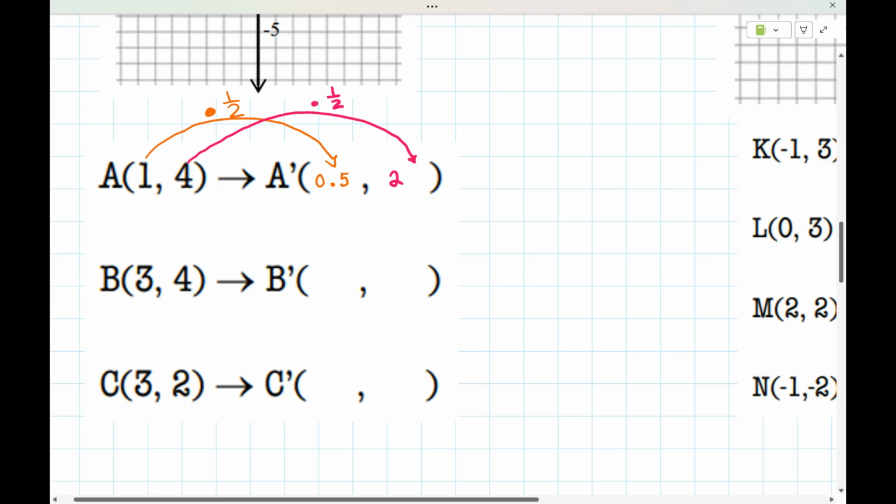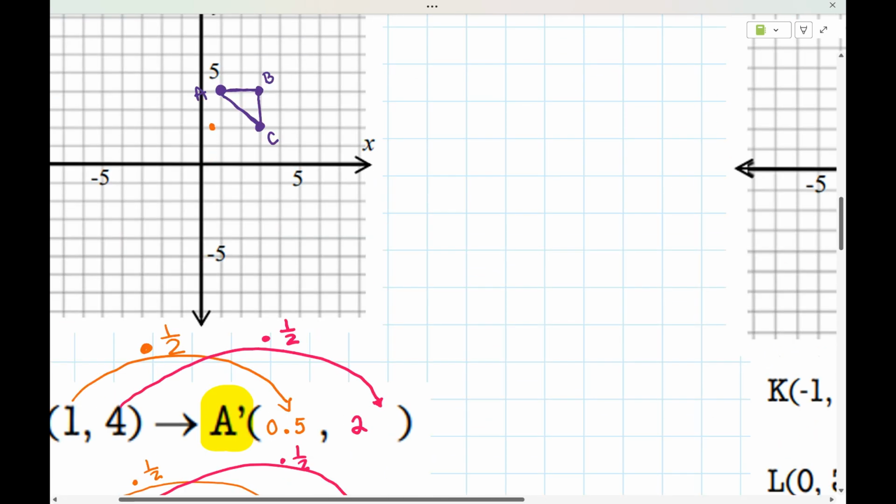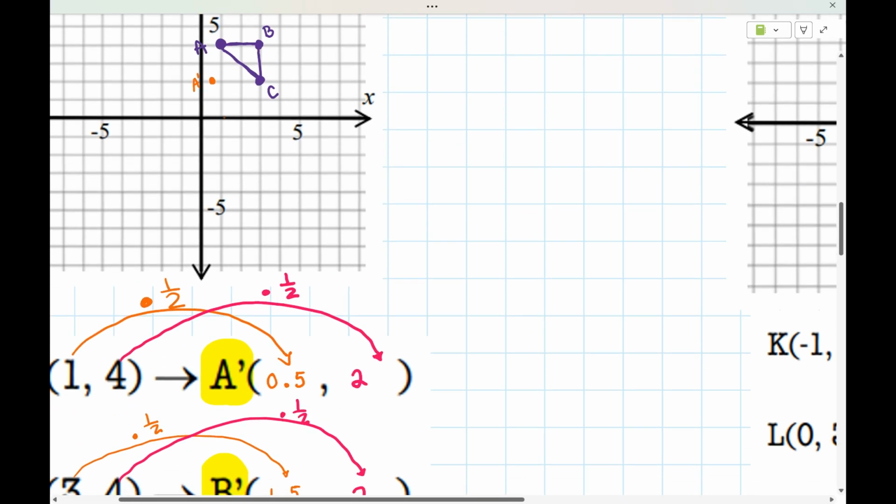So my new coordinate for A prime will be (1/2, 2). Then we apply the same thing to the other coordinates. 1/2 of 3 is 1.5, and half of 4 is 2. So now I have my 3 points after applying the dilation of 1/2.